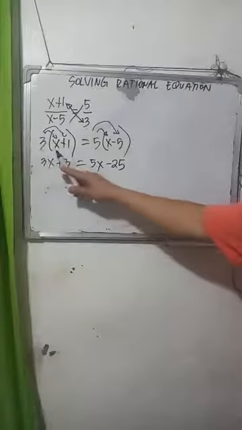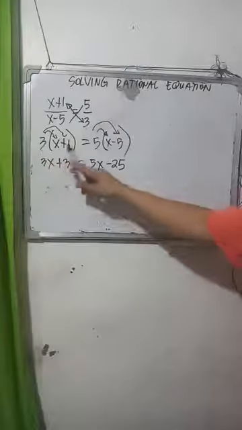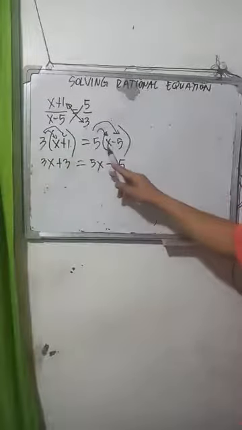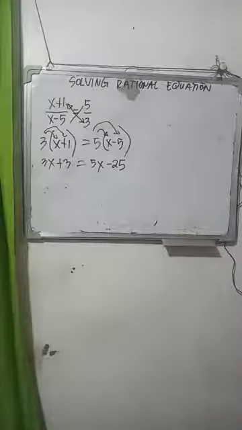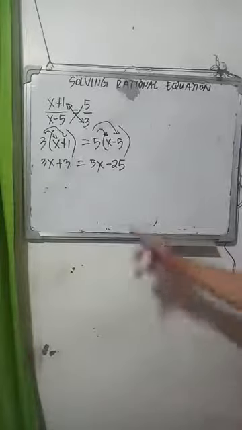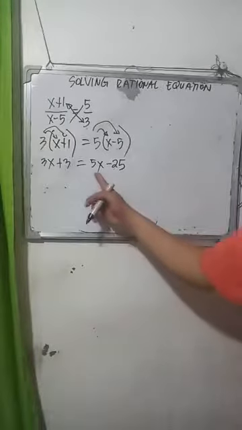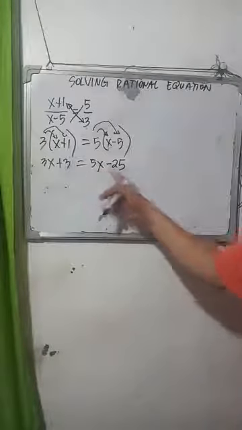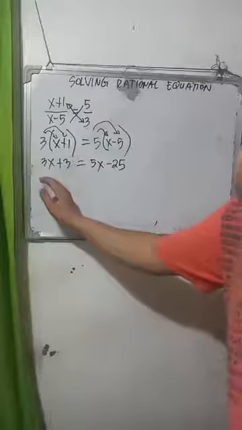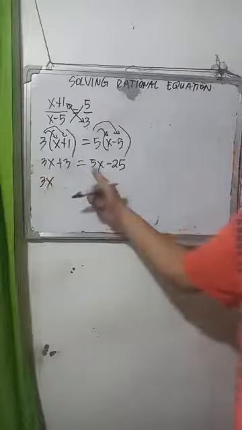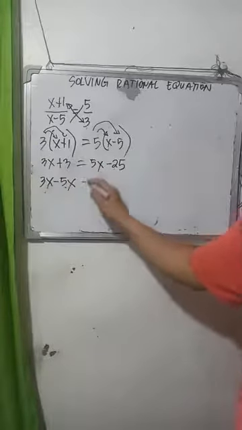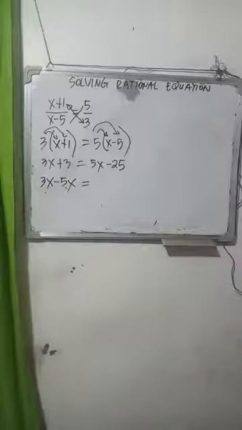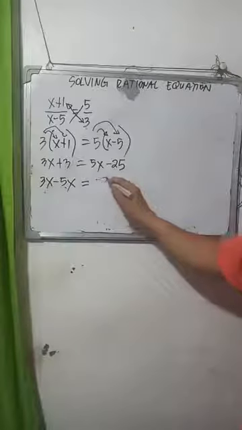3 times x, that is 3x. 3 times 1, that is 3. 5 times x, that is 5x. 5 times negative 5, that is negative 25. Next, combine like terms. So, pag i-transpose natin yan, magiging 3x positive, magiging negative 5x equals, diretso natin ha, negative 25.